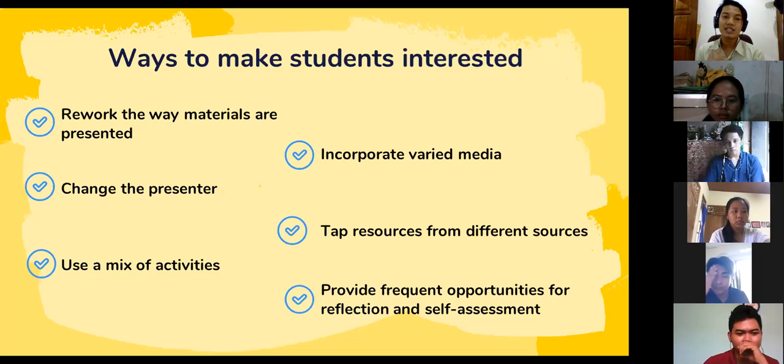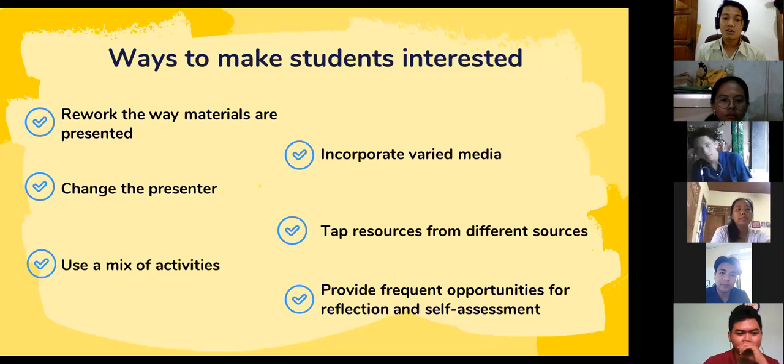The teacher can ask students to present the material to their friends, or invite an expert in that field to present the material in the class. Changing presenters gives the teacher opportunities to bring other voices, perspectives, and opinions into the classroom.